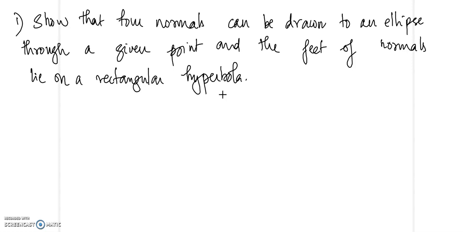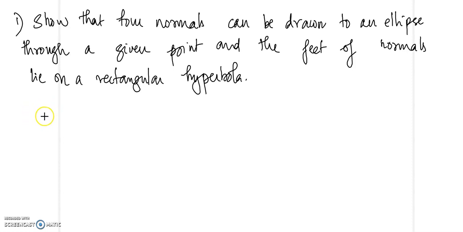So let us first consider a given point, and let us look at the equation of the normal. We need to show that four normals can be drawn to an ellipse through a given point.